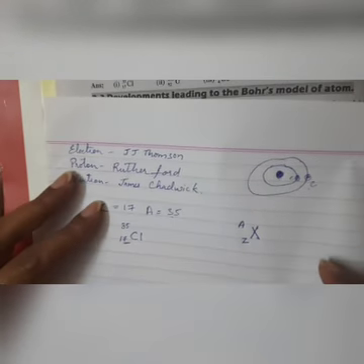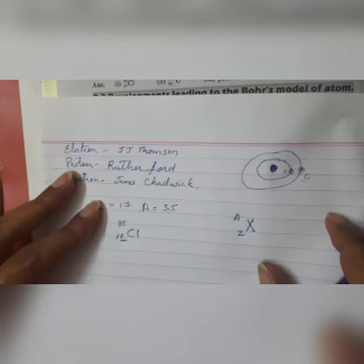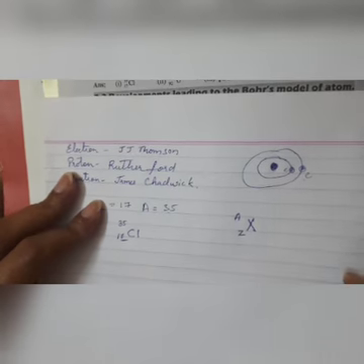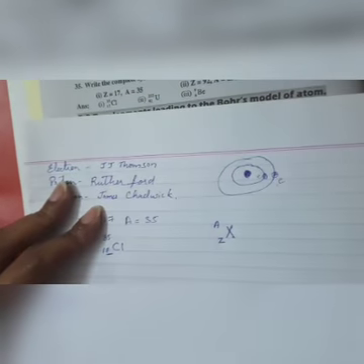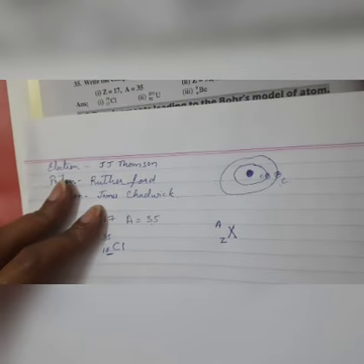Now, if you know the atomic number and the mass number, you should be able to find the number of electrons. Suppose you want to find the number of neutrons, electrons or protons: by knowing two, the third can be obtained.